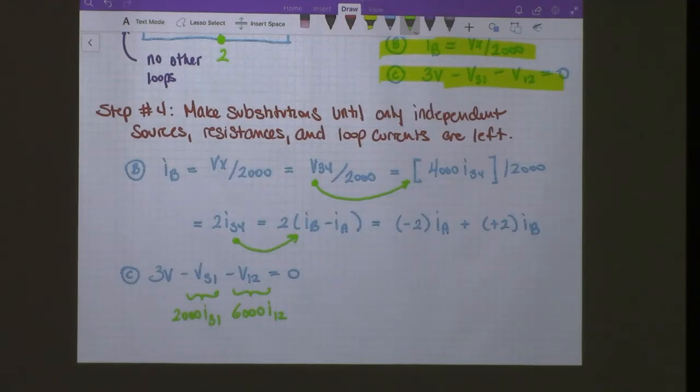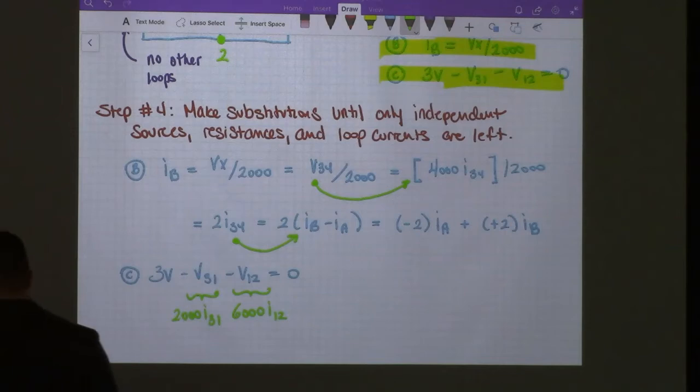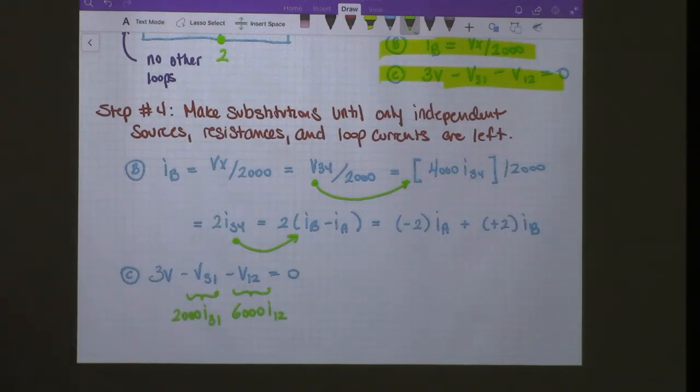So then the next thing that we have to do, again following the same procedure, is we're going to make a substitution for the loop currents. So let's go and see what I31 and what I12 break down to. Okay, first though, to make things a little bit easier, let me rewrite the expression.